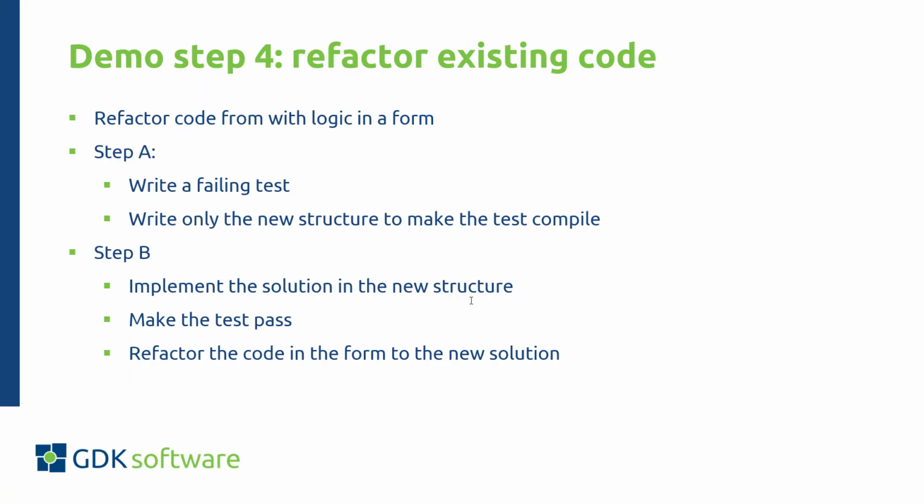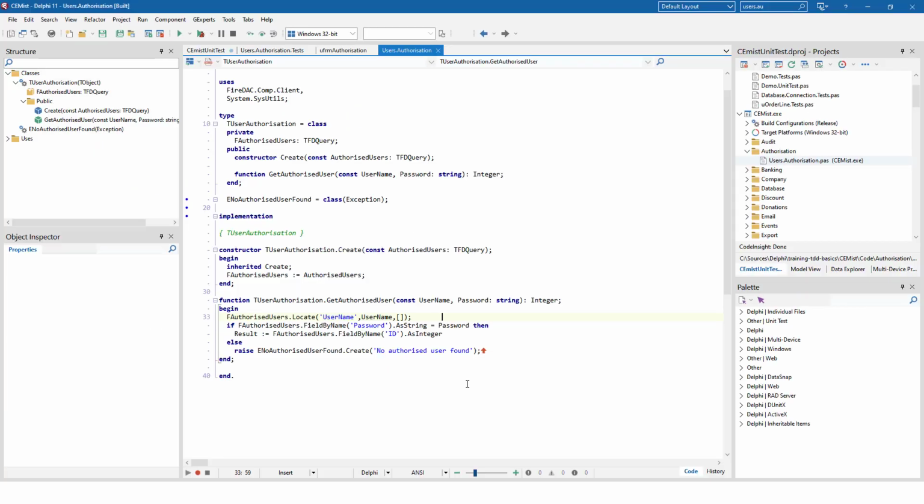Next step is to implement the solution in our new class and get it working so that our test will pass. And after that, when our tests pass, we refactor the code in the form to the new solution. And when we implement, we try to move the code as much as possible the same as it is to our new solution. Like we did here, we copied the code from the form to the get authorized user function.